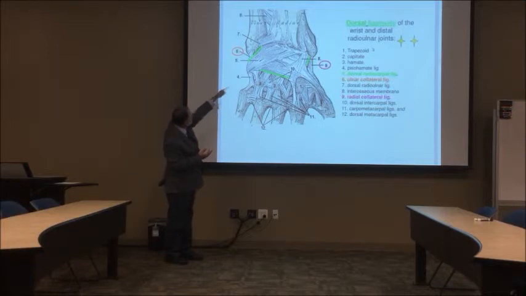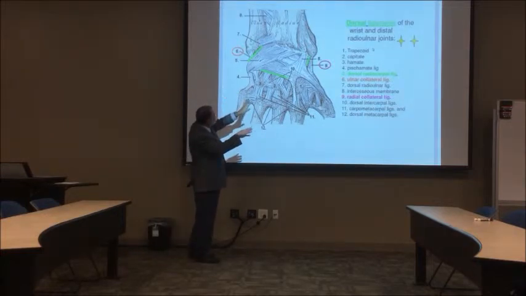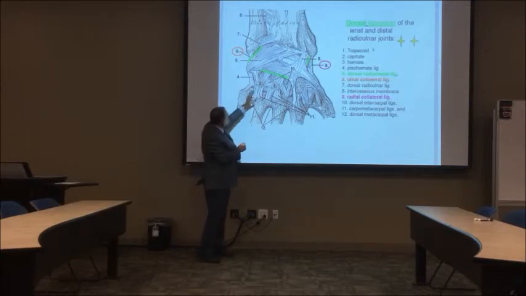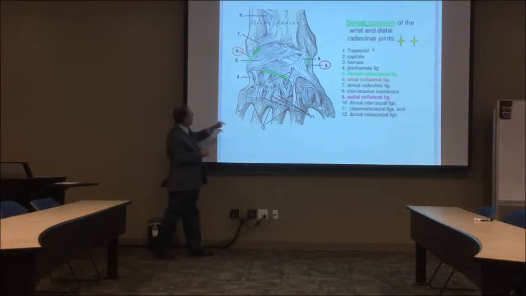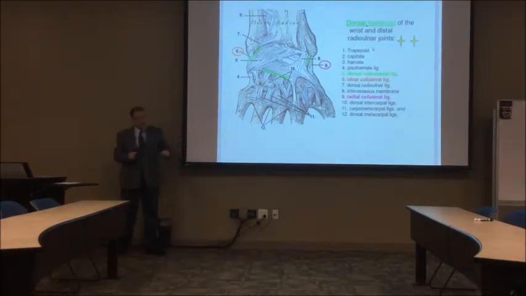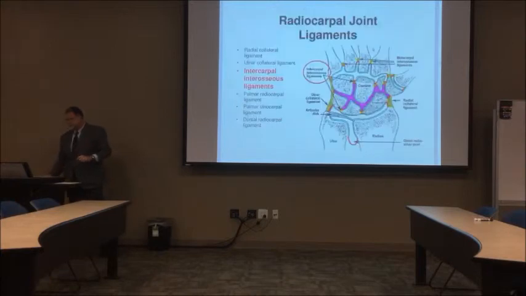From the radius you have the radiocarpal ligament in two bands, as number 5 you can see there, and they connect with specific bands going to the thumb, or the first, and to the index finger.